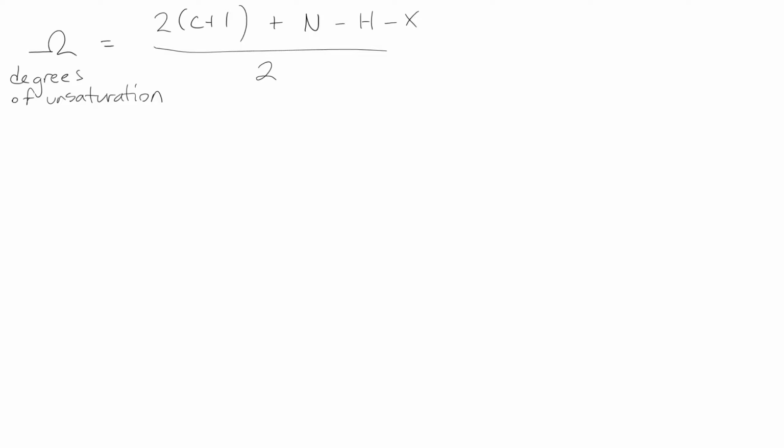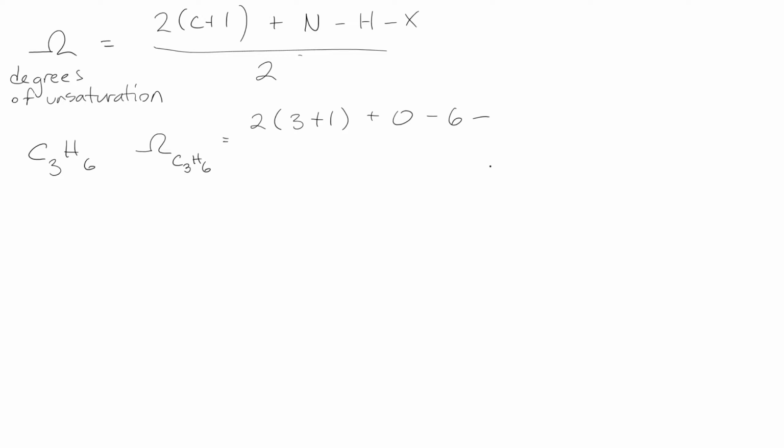So if we took a look at our previous molecule, C3H6, and tried to calculate the degrees of unsaturation, it is going to be equal to 2 times the number of carbons, so 3, plus 1, plus the number of nitrogens, that's 0, minus the number of hydrogens, that's 6, minus the number of halogens, that would be X groups.